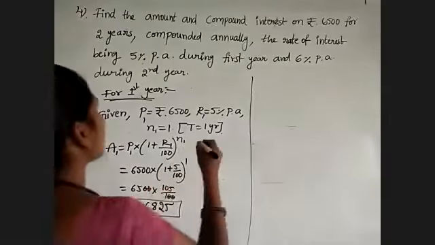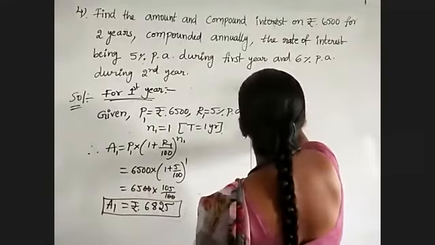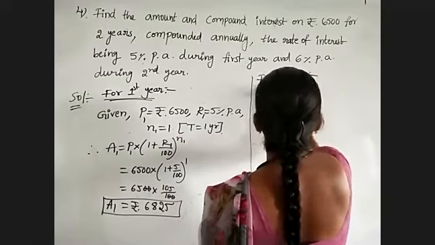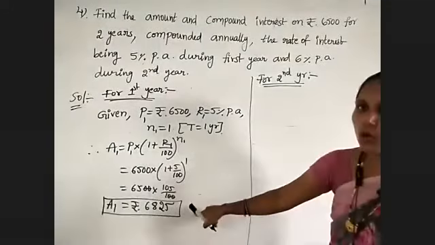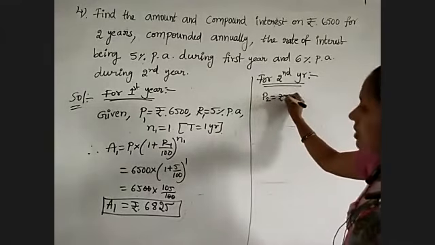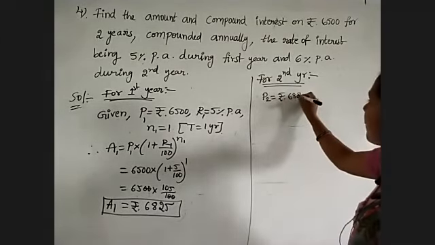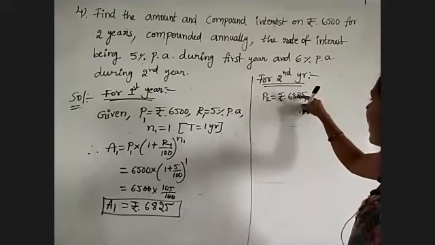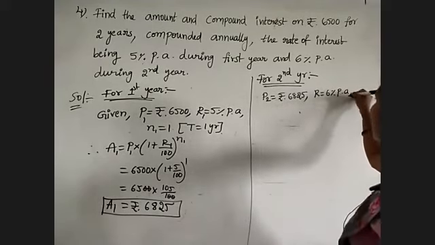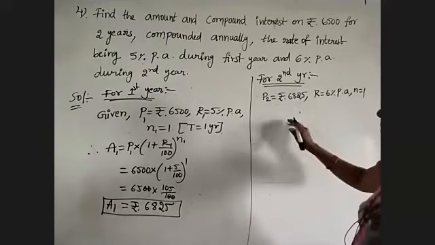And for the second year, we have to take the amount as principal. 6,825 will change as principal, and the rate of interest is given as 6% per annum for the second year and N equal to 1.